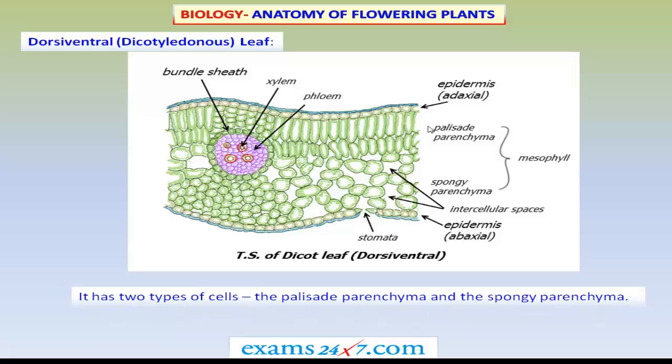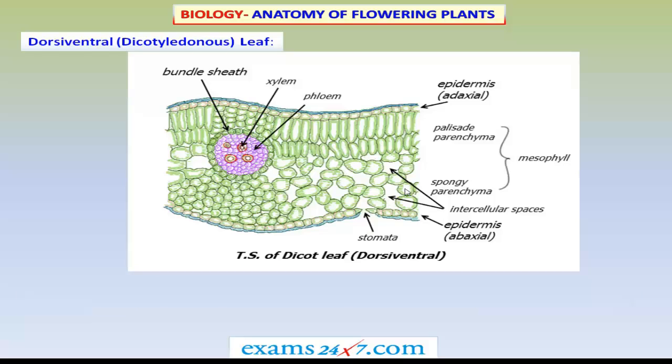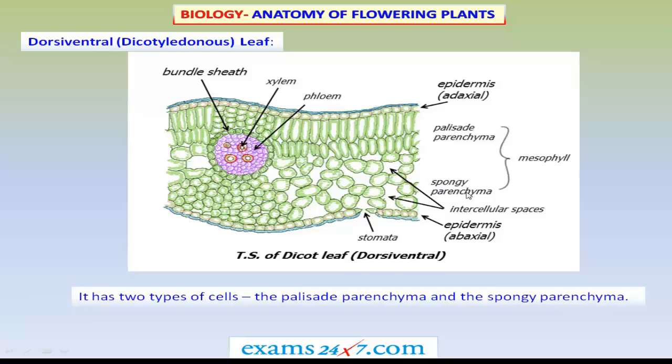Whereas the cells that are present close to the lower epidermis are loosely arranged. They do have chloroplasts, but they have plenty of intercellular spaces. Hence they constitute spongy parenchyma. Thus, the dorsiventral leaf mesophyll is of two types, palisade and spongy.